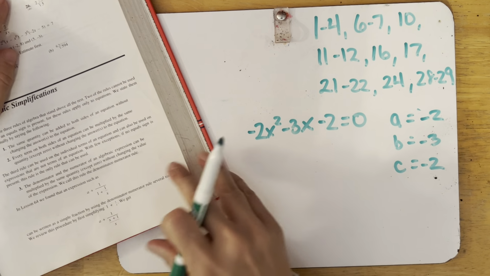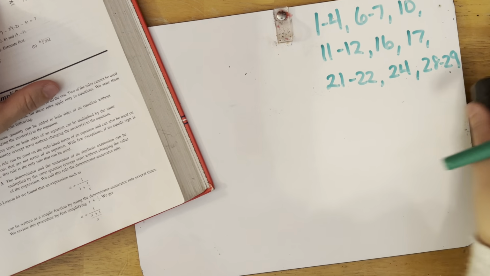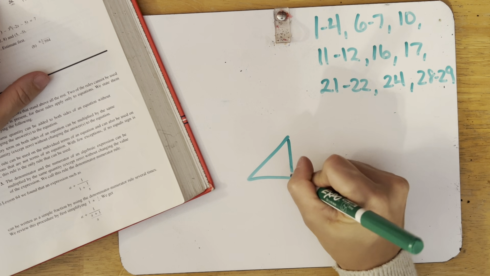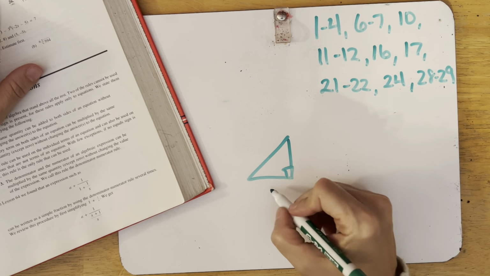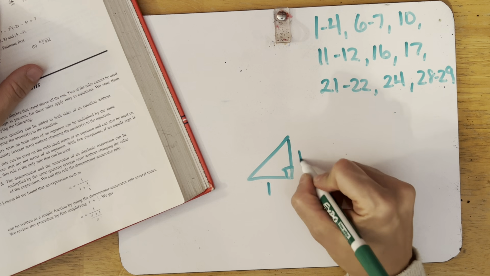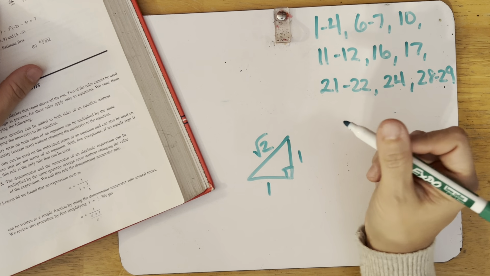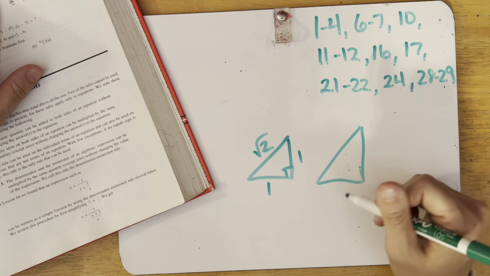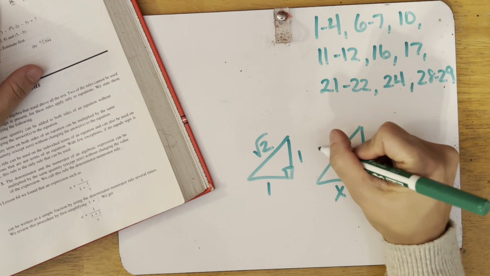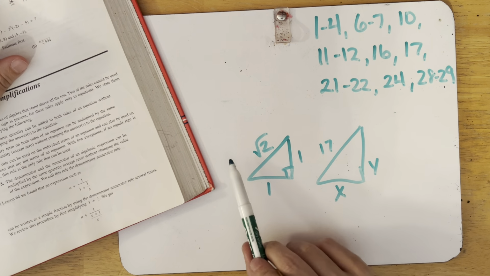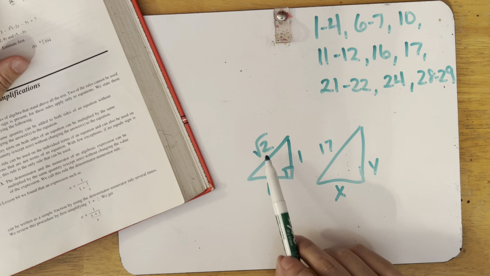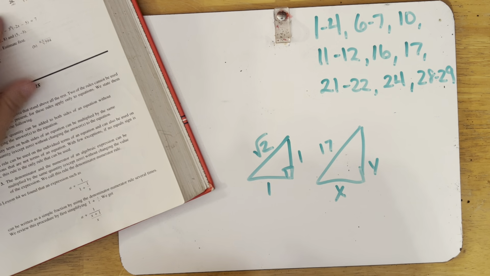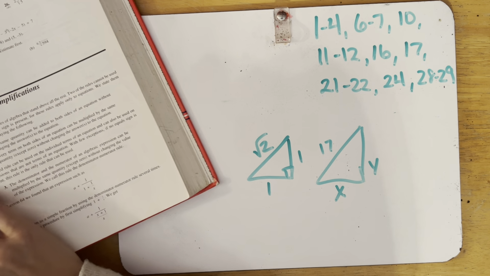24. Find x and y. Okay, you're using the similar 45-45-90 triangles, which is 1, 1, square root of 2. So that means in this triangle, you're figuring out your scale factor, which is this times this.